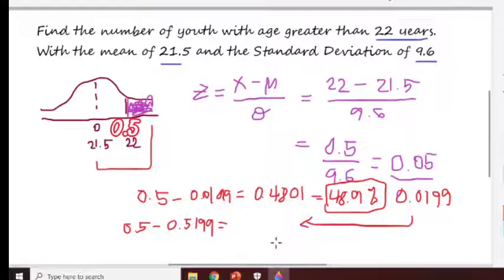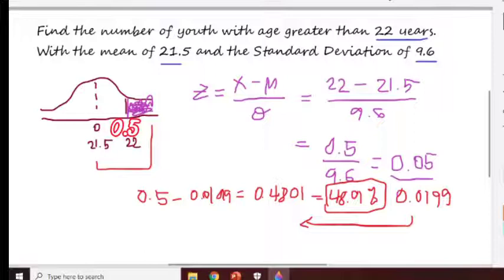Okay? So, popost ko na siguro sa aking Facebook page yung copy ng nakuha ko. So, this is your outcome. So, we have 48.01%. So, yan.